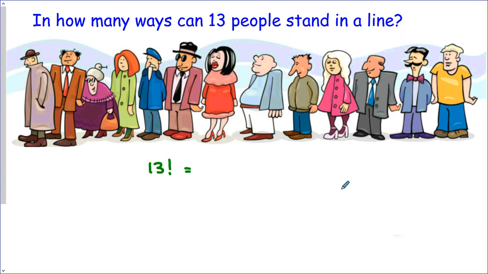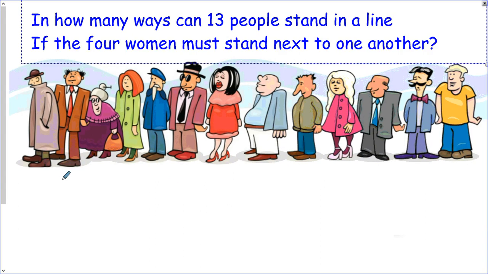Let's look at a slight variation of this problem. In how many ways can 13 people stand in a line if the 4 women must stand next to one another?